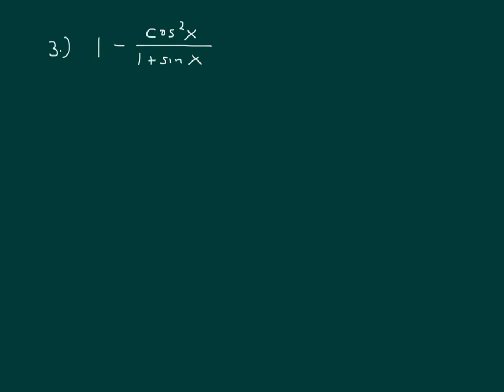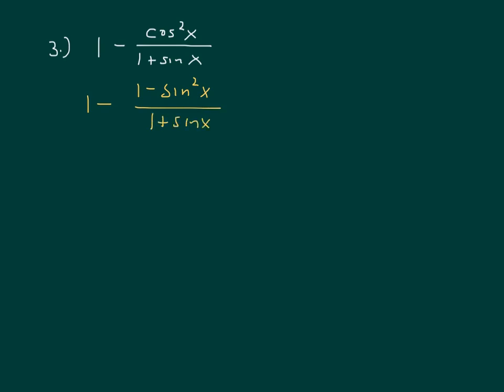I know that sine squared x plus cosine squared x equals 1. By solving that for cosine squared, I can find that cosine squared x is 1 minus sine squared x. And so by the Pythagorean identity, this becomes 1 minus, and in the numerator, 1 minus sine squared x over 1 plus sine x.